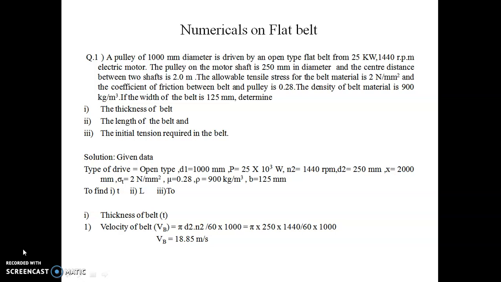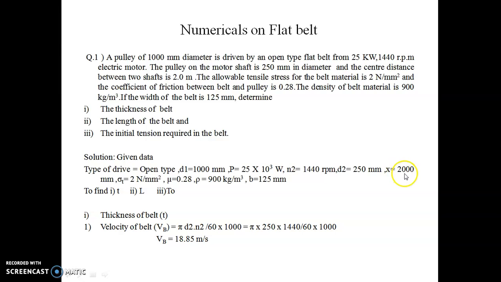First of all, we'll write down the given data. Type of drive is open type. Diameter of larger pulley D1 is 1000 mm. Power to be transmitted 25 kilowatt, 25 into 10 raised to 3 watt. Speed of D1 pulley 1440 rpm. Diameter of smaller pulley 250 mm.